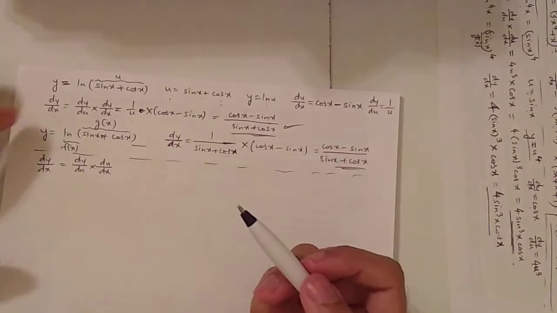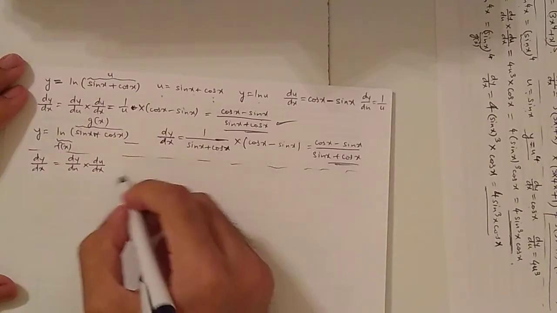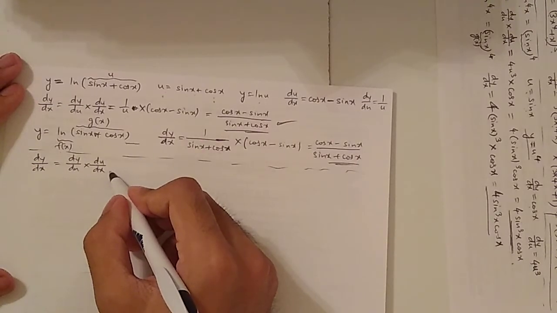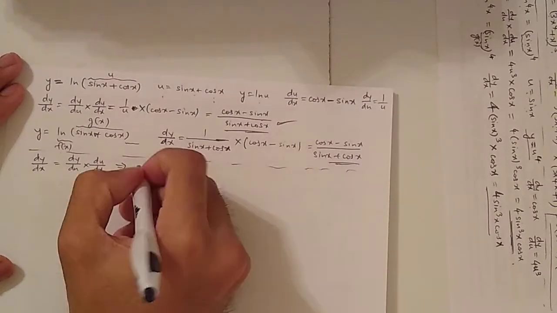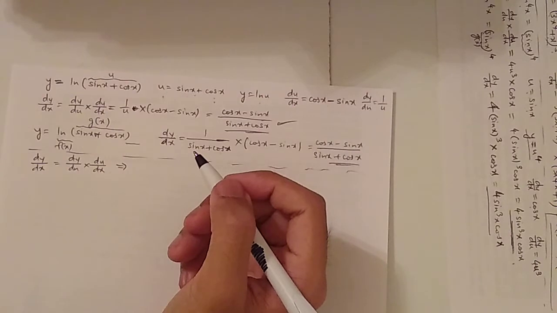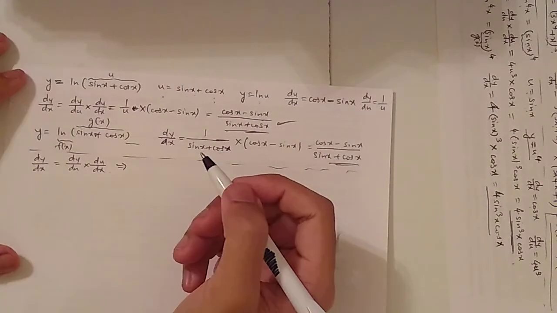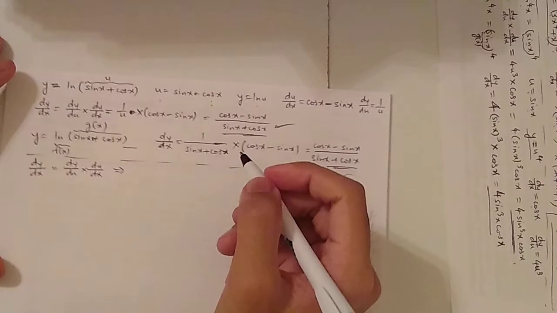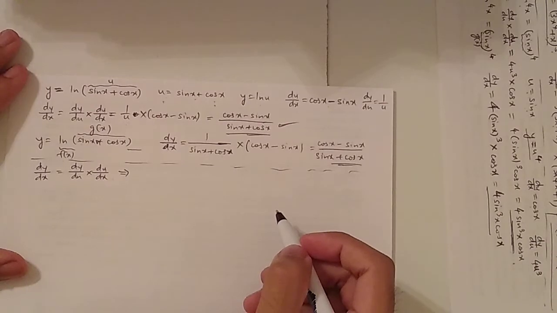We are going to change this expression. Since dy by dx equals dy by du into du by dx, let's replace x with y.